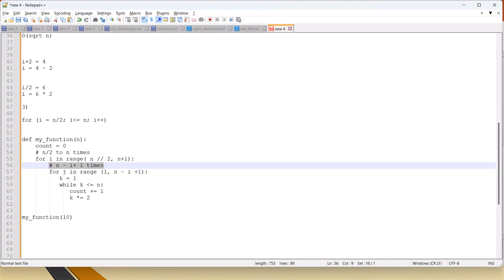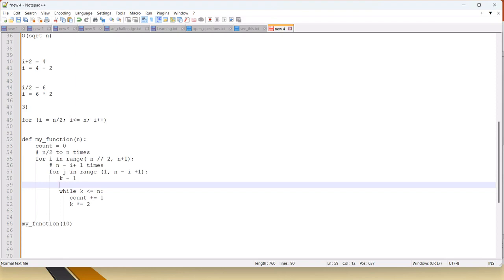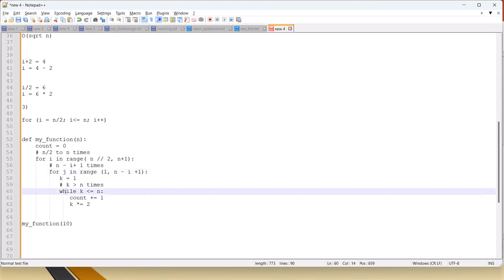Now again we have the while loop here, and this while loop runs until k is greater than n, correct? These many times it will run. Here we have the outer for loop, the inner for loop, and the inner while loop.